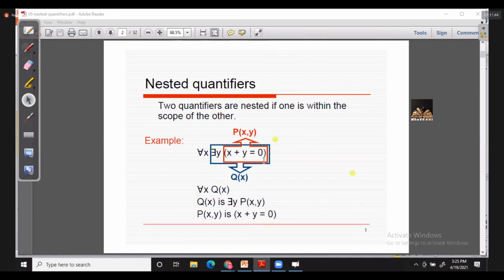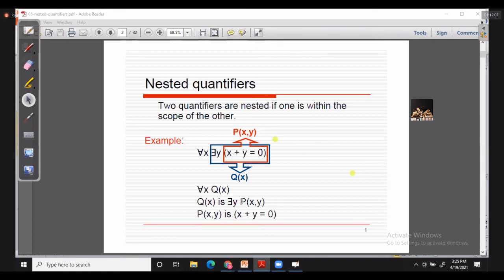Here, the first one, x plus y equal to 0, is the predicate p of x, y. Next, this is evaluated with there exists y. So the first one, p of x, y is x plus y equal to 0.